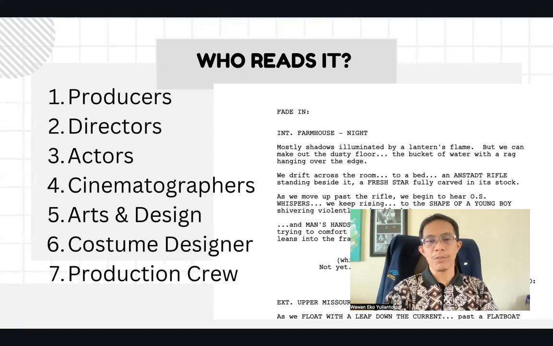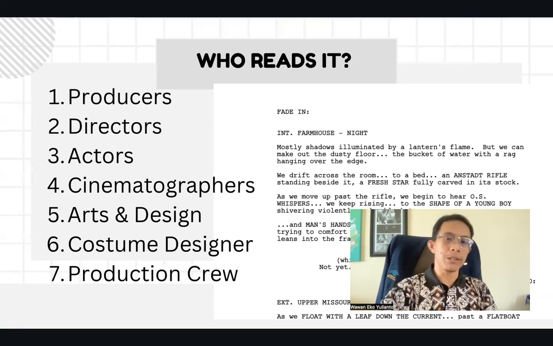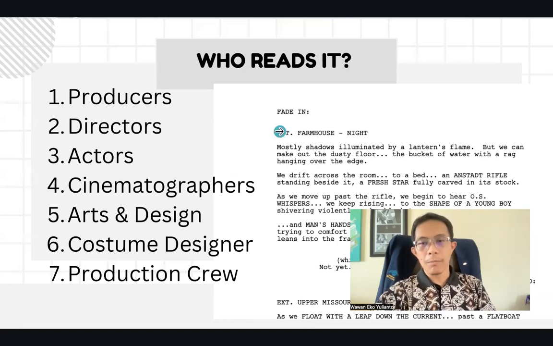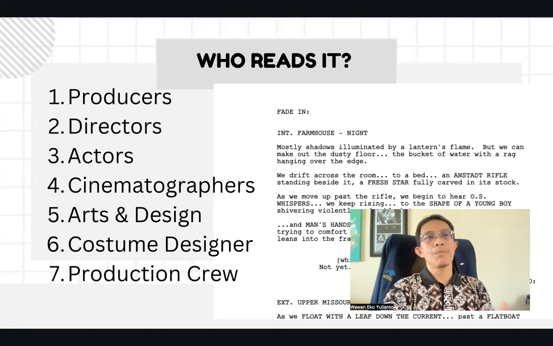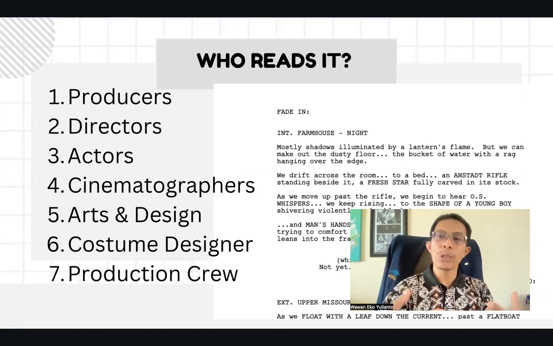You have directions for them. And also for art and design. For example, this one has a farmhouse. When it says it's a farmhouse, then the art designers need to create the properties of a farmhouse so that when you shoot, you can have the image of a farmhouse.